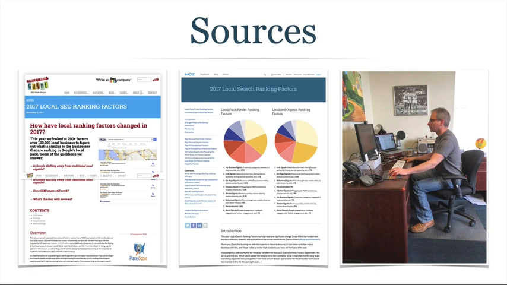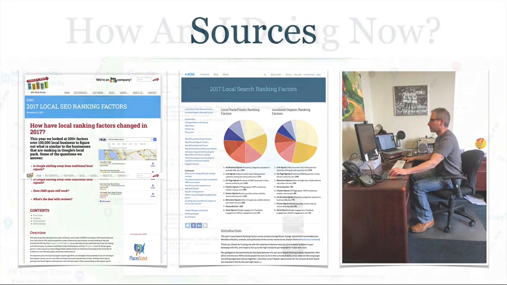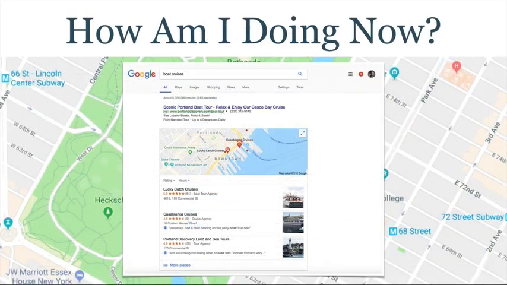So if you believe in what I believe, that for local businesses, local SEO is critically important, then you may be wondering how you're doing right now. And probably the first most important thing you can do is just go into Google as a user. And what I'd recommend is making sure that you're not logged in with your Google account so that you get better, more accurate results.